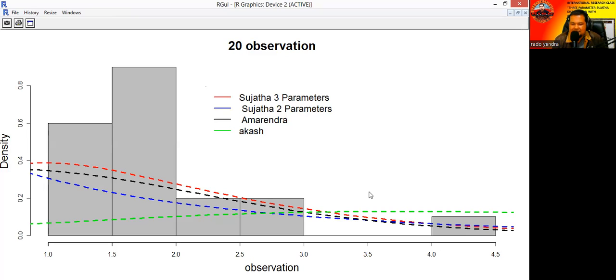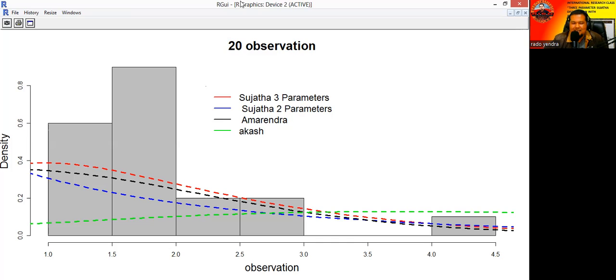We can check here, the red one can capture the histogram better than the other models. The black one is the representative of Amarendra, and the blue one is the representative of Sujatha two parameters. It means the Sujatha three parameter is the best model in this research.